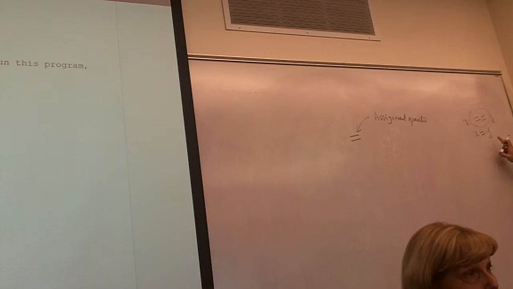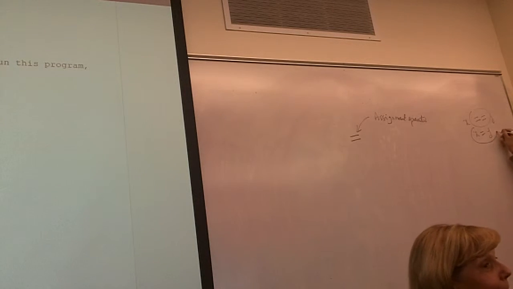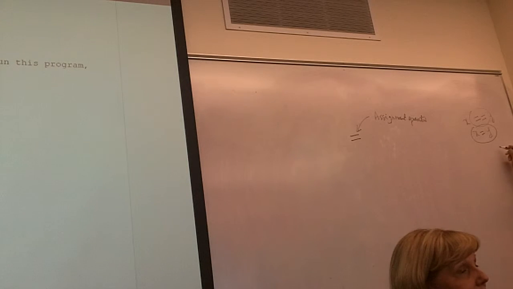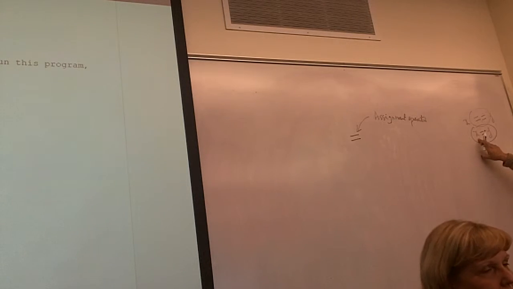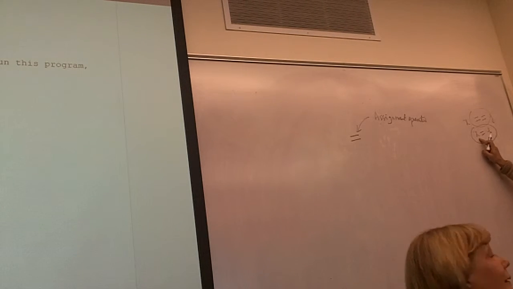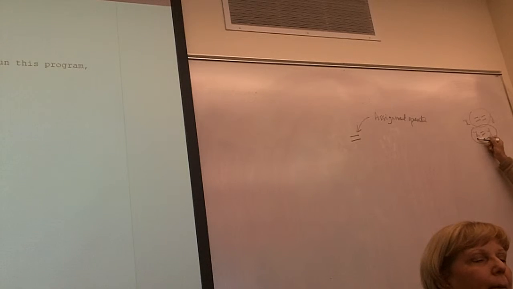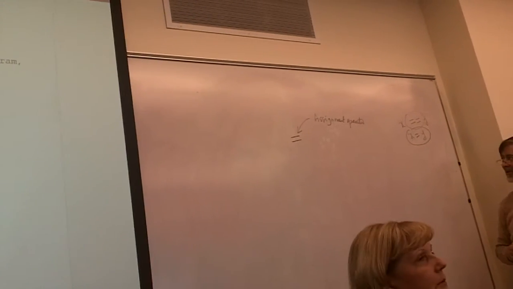X may have a value which is quite different from y, but if we say this, with that assignment operator in between, the value of y, which is on the right hand side, gets stored into x. That's why it's called assignment, because the value of y gets assigned to x. And we do a lot of assignment in programs.